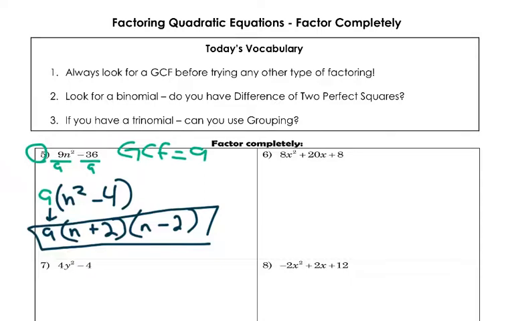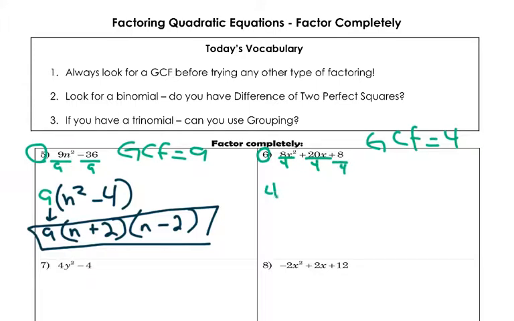Okay, let's look at number 6. 8x squared plus 20x plus 8. Is there a GCF here? Yeah, the GCF would be 4. So I could divide 4 from everything.